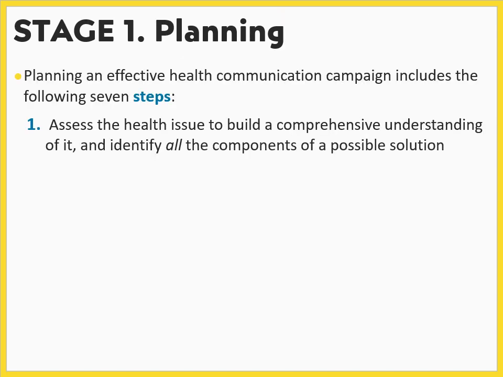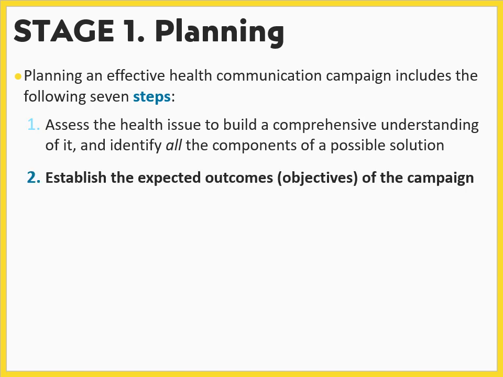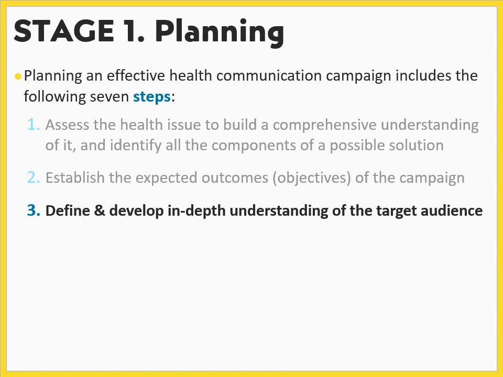Planning an effective health communication campaign includes the following 7 steps. Step 1, assess the health issue to build a comprehensive understanding of it and to identify all the components of a possible solution beyond just a communication campaign. Step 2, establish the expected outcomes, the objectives of the campaign. Step 3, define and develop an in-depth understanding of the target audience.